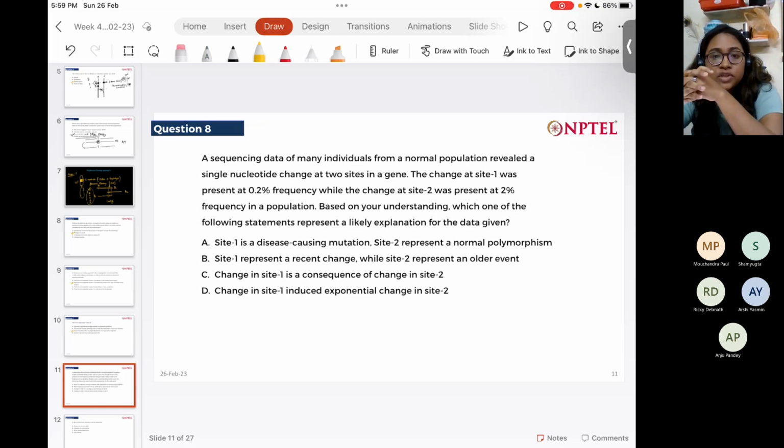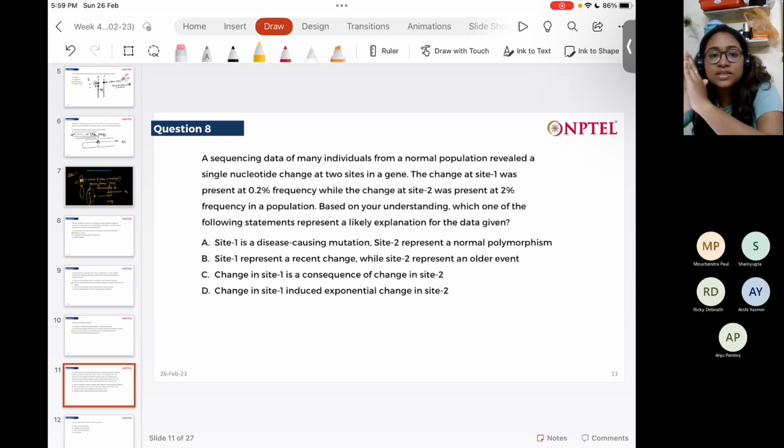What about option D? Are we told that the change in site 2 came exponentially, 0.2% and 2%? There is no exponential relation between the frequencies.